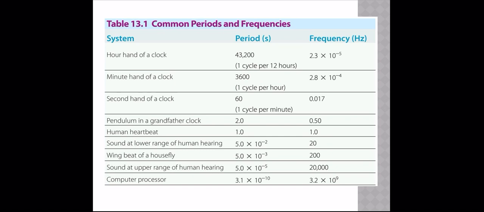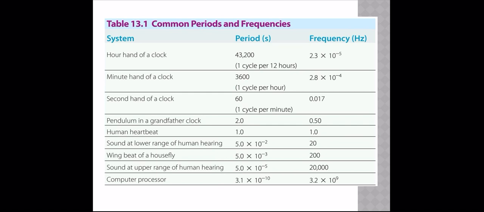It's the reciprocal of that, because if you think about how frequently that happens, it is the number of cycles per time. So that 2.3 times 10 to the negative fifth number means that's how much of a cycle it completes every second. Now, if it takes 43,000 seconds to complete one, it's not completing very much of a cycle in 1 second. That's where those come from.